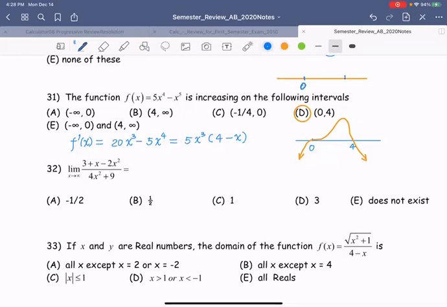That's 0, that's 4. Or I just plug into a calculator. Come on, this is easy. You see? When this guy is between 0 and 4, that's positive. Correct? That makes sense? Okay.